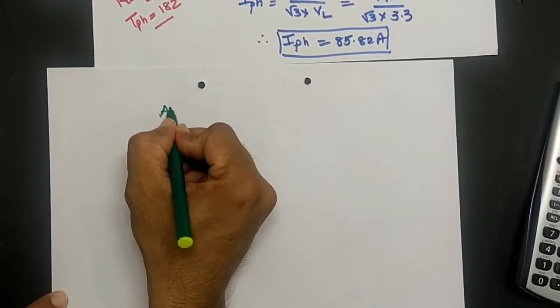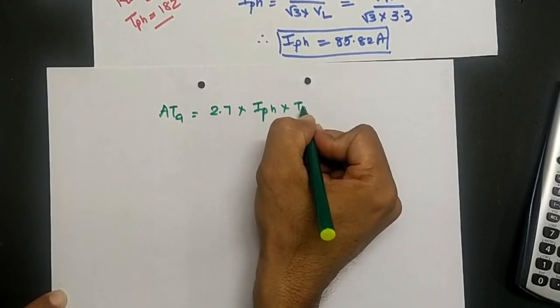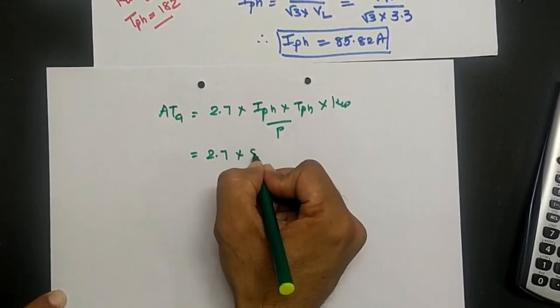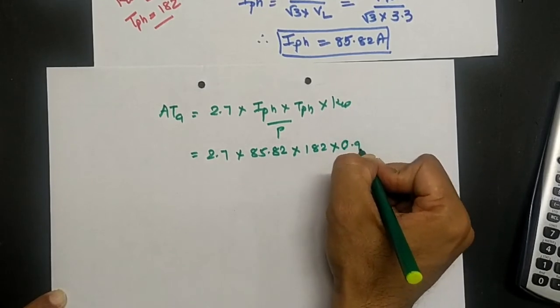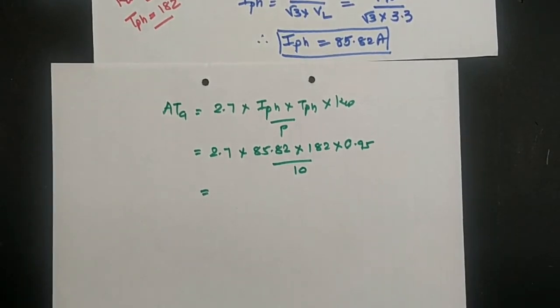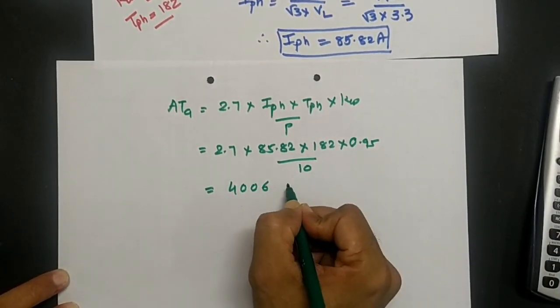Ampere turns for armature is 2.7 multiplied by I phase multiplied by T phase multiplied by kW and divided by P. So 2.7 multiplied by 85.82 multiplied by 182 multiplied by 0.95 and divided by 10 comes to 4006 ampere.